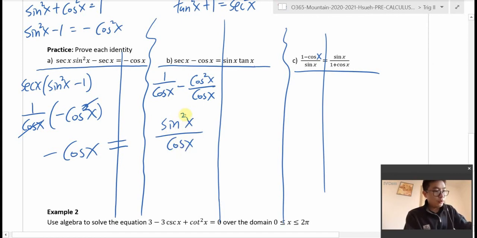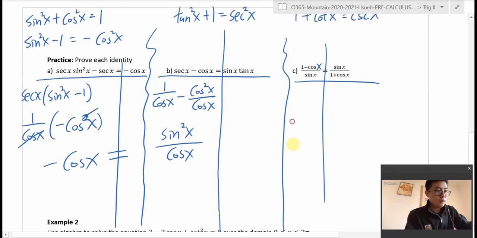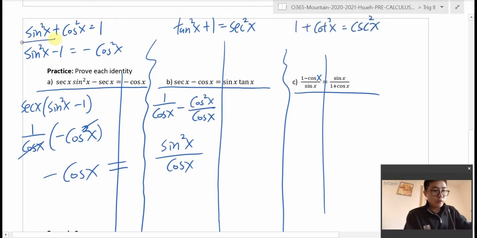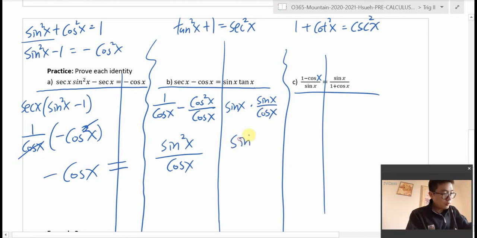If you don't know how I got that, I just move the cosine squared to the right, and I end up with 1 minus cosine squared, which leaves me with sine squared x. So that's all I'm going to have for the left. On the right, I have sine x times tangent, which, recall, is sine x divided by cosine x. Sine times sine gives us sine squared x over cosine x, and therefore they're the same thing.